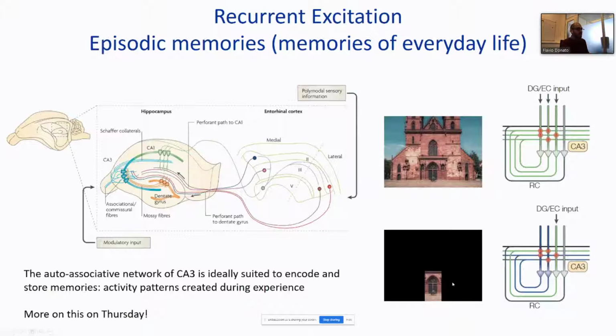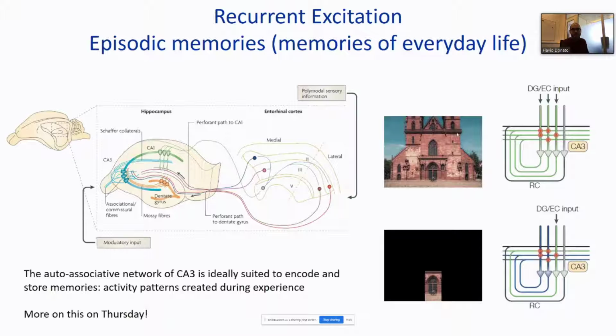So in the end, even if you give just a small detail of the Münster, which is the one that activates neuron number 3 here, because of this recurrent connectivity, this neuron number 3 will be able to bring online the whole neuronal ensemble, and this is again something that you will see in the next lecture, and induce you to retrieve and recall the whole image and say, oh yeah, this is the door of the Münster in Basel.